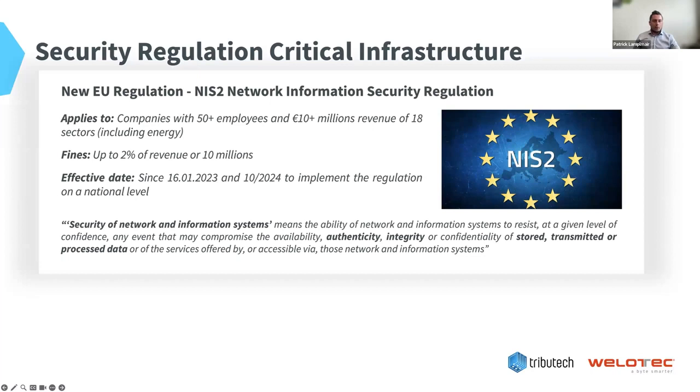It applies to companies with more than 50 employees and more than 10 million in revenue. It will be applied to 18 different sectors, which also includes the energy sector. The fines are very high, similar to GDPR: up to 2% of the annual global revenue of a company, or up to 10 million euros, whichever is higher. And it's already active since January this year.